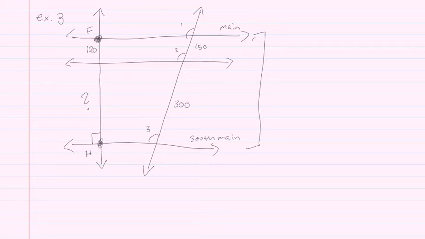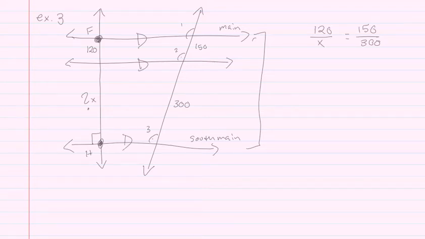So I need to use theorem 6.6 and set up a proportion. So I'm going to go ahead and just label this x. Right? So I can do 120 over x equals 150 over 300. And I can do this because I know that these lines, these streets, are parallel because those angles are congruent.